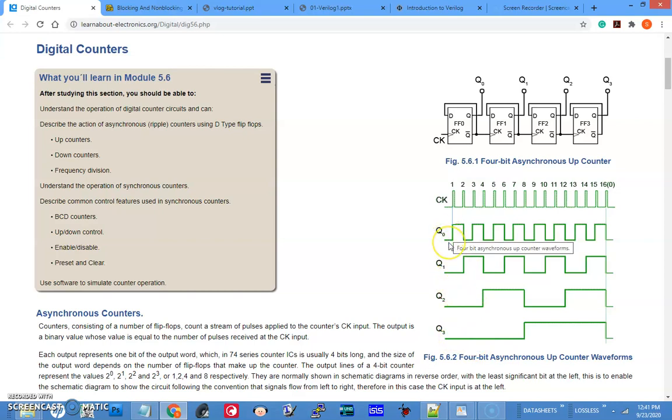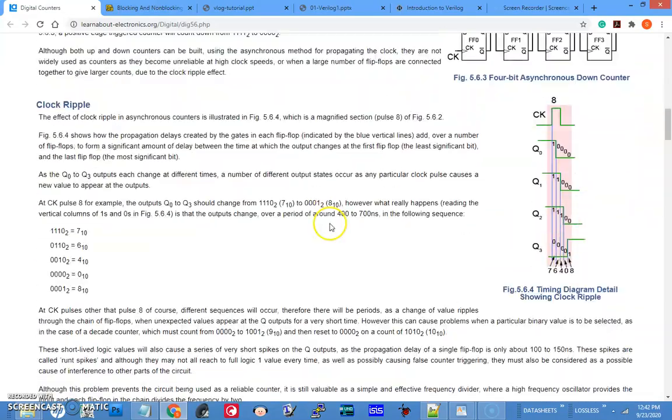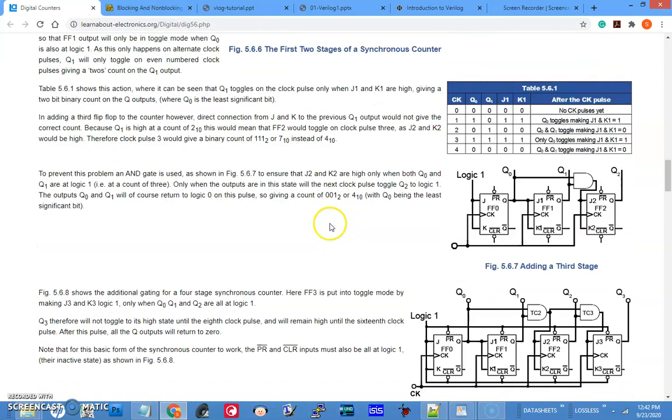Now we have a 4-bit counter whose values are Q0, Q1, Q2, Q3. If we look at the truth table for the counter, the counter counts like this. Initially it will be 0, 0, 0, 0. Then Q0 will become 1, then Q1 becomes 0, likewise.